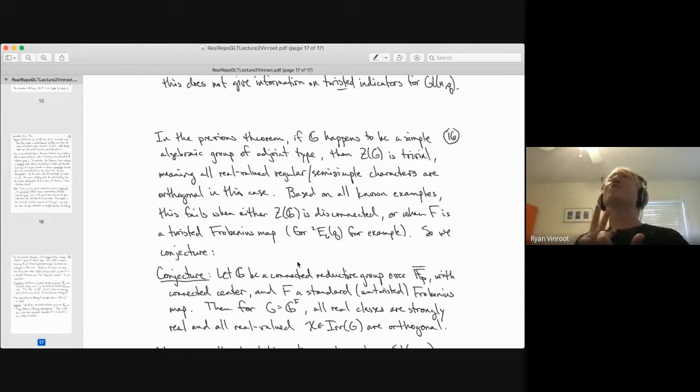But for this group upstairs, the unitary group with inverse transpose thrown in, I know for a fact it's not totally orthogonal. It might be self-dual, and as I said, I can't place my finger on a quick reason why that should be true. So I might have to get back to you on that one, Dipendra. All right, good.